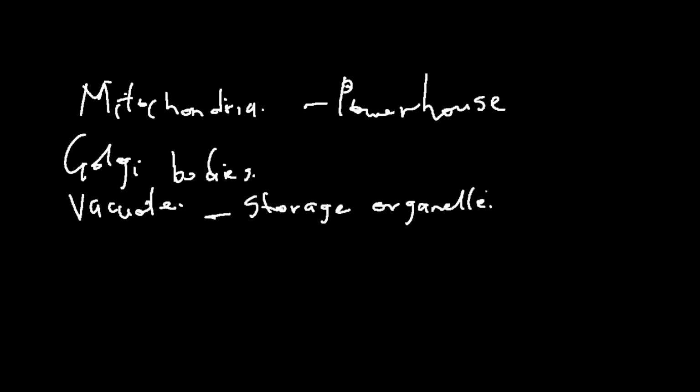What it does is help store all the materials that are produced in the cell. Materials like food nutrients being produced, or waste that needs to be expelled, are stored in the vacuoles.